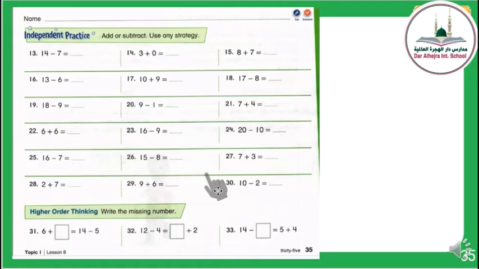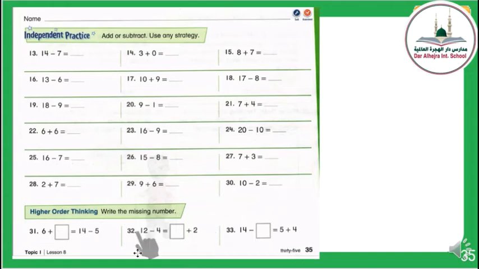We can use any of these strategies to solve these. Even looking at them I can already find some strategies. Like here I can see 6 plus 6 equals, that's a doubles fact. Here I can see it's a near doubles fact. So we can go on using any of the strategies we want to use from here.